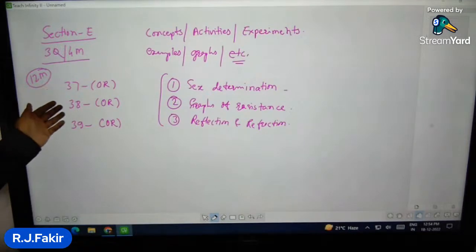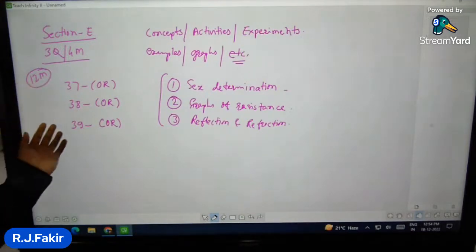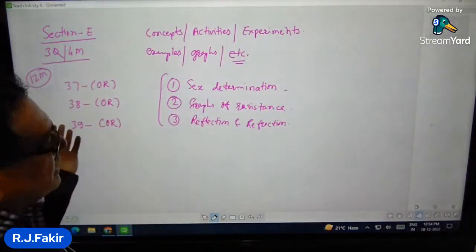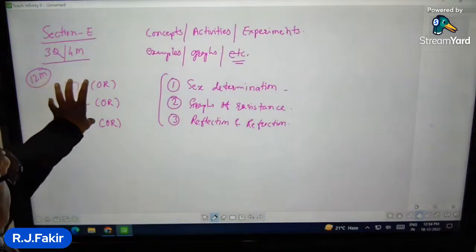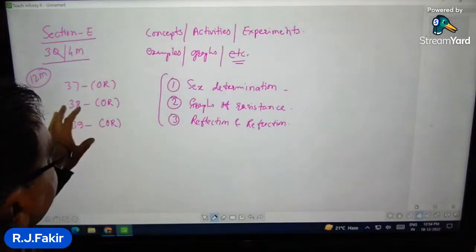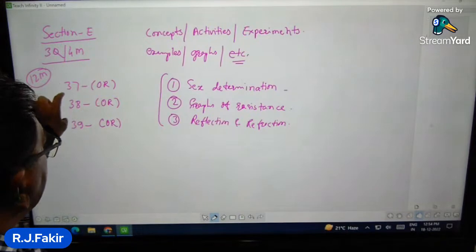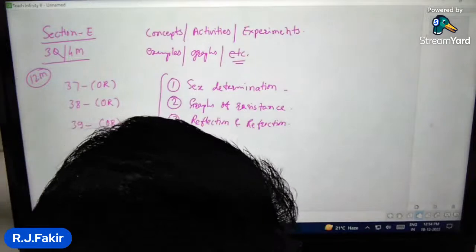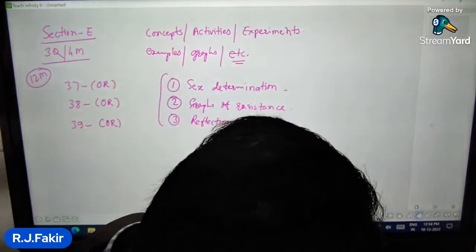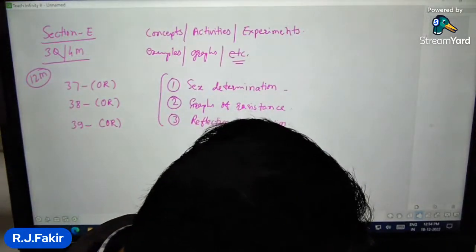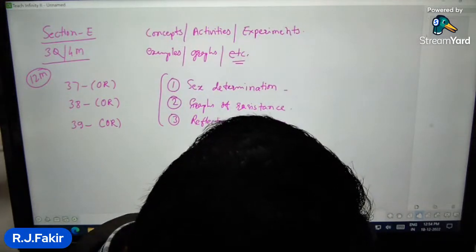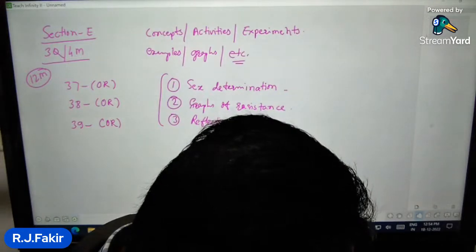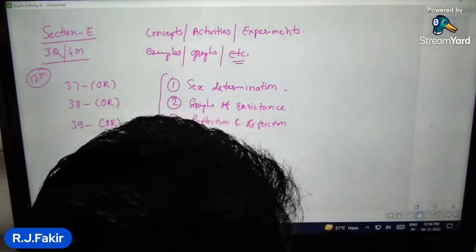As I told you, just read the questions carefully and then only try to answer them, because a lot of choice is available with you. So don't be in a hurry. Like in the sample paper, you have this question number 39. There is a very simple question for case study. How can you identify the type of mirrors without touching?